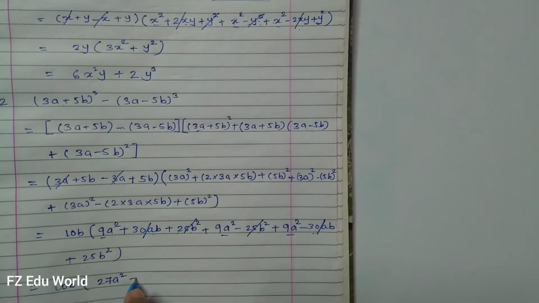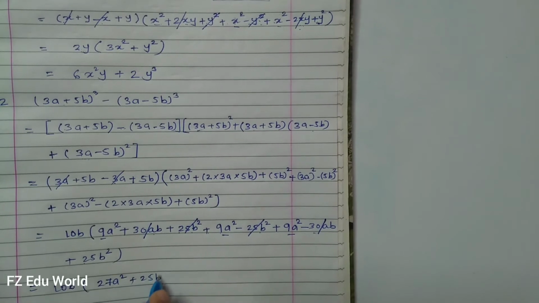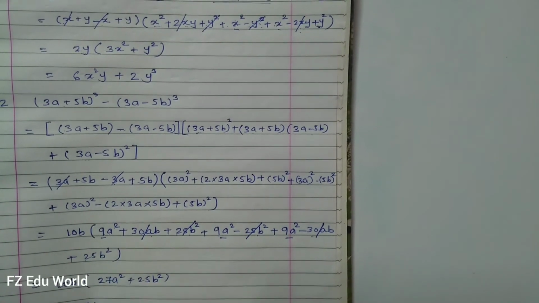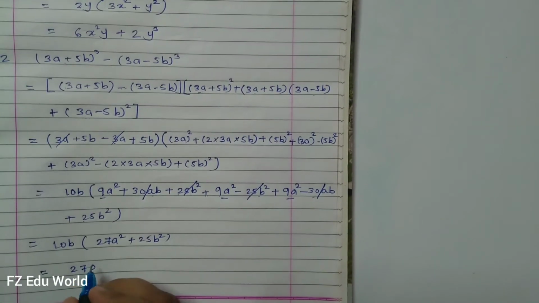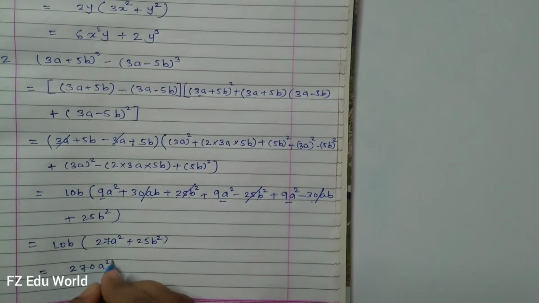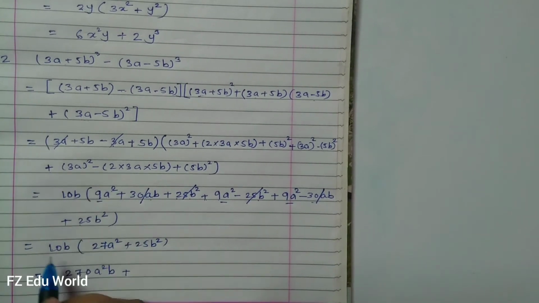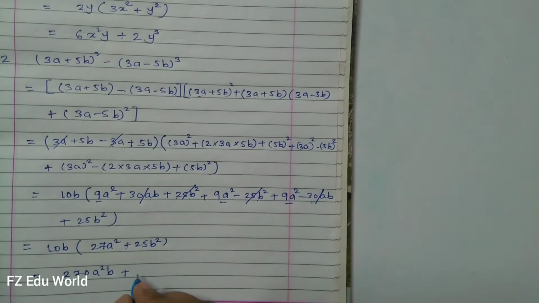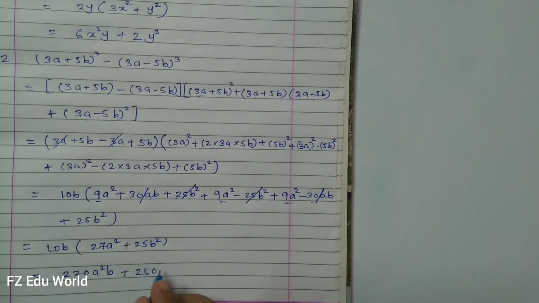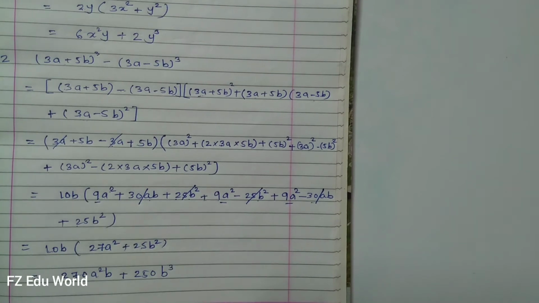Then plus 25b square. Now we will multiply this. 10 multiplied by 27, that is 270 a square b, plus 10 multiplied by 25, that is equal to 250 b multiplied by b square, that is b cube. Now we have completed the second question also.